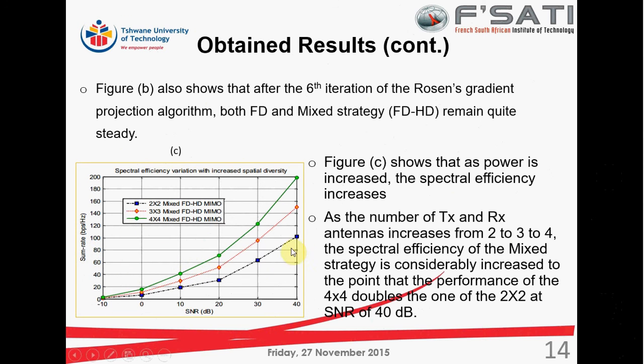As we can see, it literally doubles at 40 dB signal to noise ratio, from 100 bits per second per hertz to 200 bits per second per hertz, as we move from a 2x2 mixed full duplex half duplex strategy MIMO setup to a 4x4 mixed FD-HD MIMO. So there is a gain associated with increasing the number of antennas. But we recall as well that we cannot indefinitely increase the number of antennas, as this is also subject to the available amount of power, which therefore constitutes a constraint.